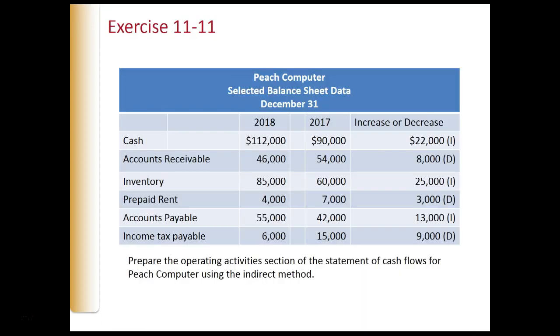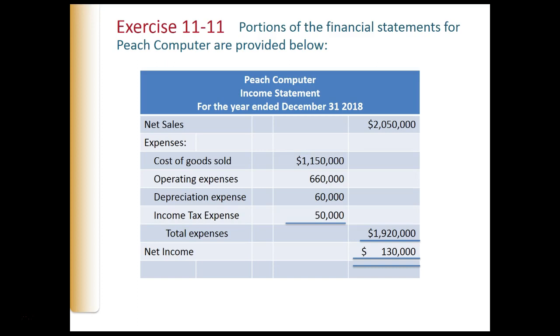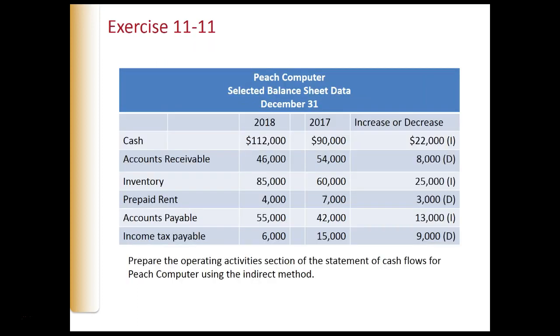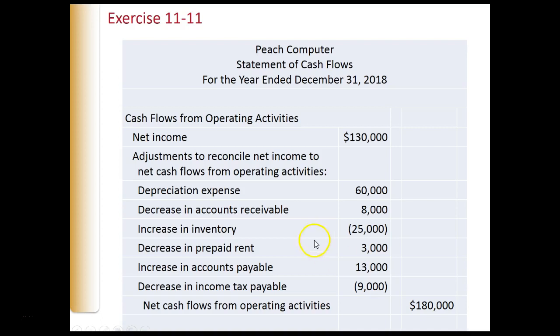If we look at the income statement, we see depreciation expense, which reduces net income but does not have any cash effect. So we are going to adjust to reconcile net income to net cash flows. Since depreciation expense of $60,000 reduced our net income but had no cash effect, we're going to add depreciation expense back.